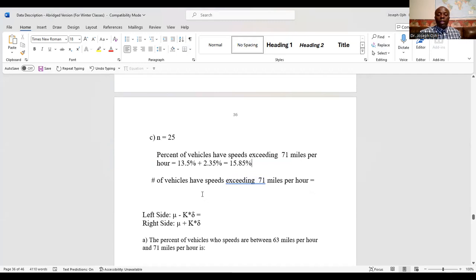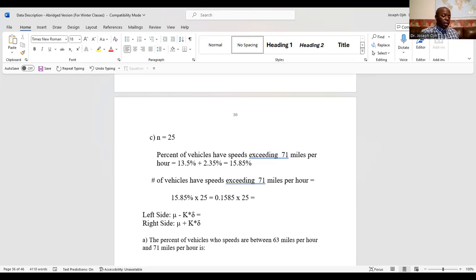In that case, we're going to do 15.85% times 25, since our n is 25. When you change 15.85% to decimal, it's going to be 0.1585 times 25.